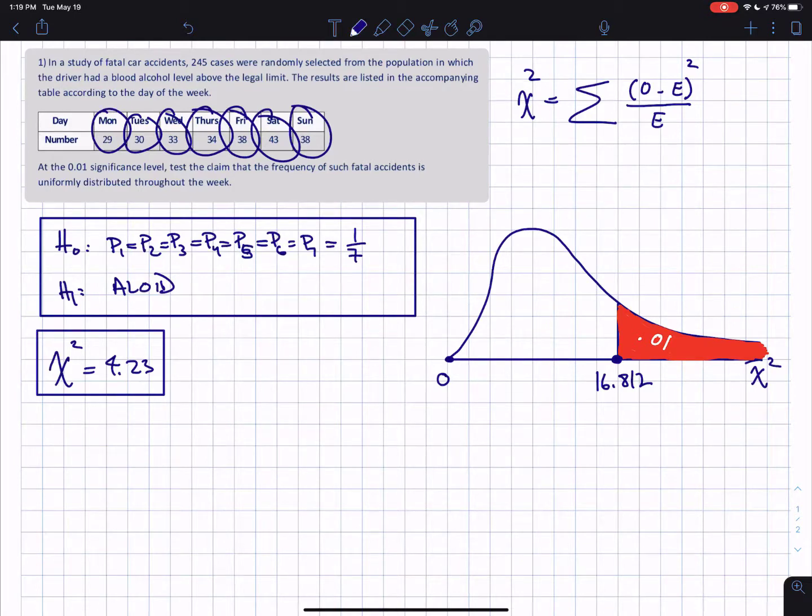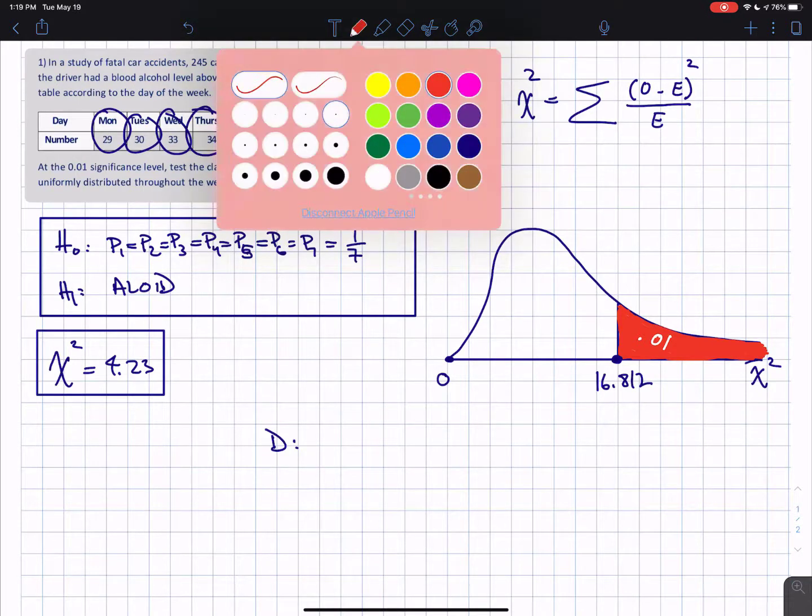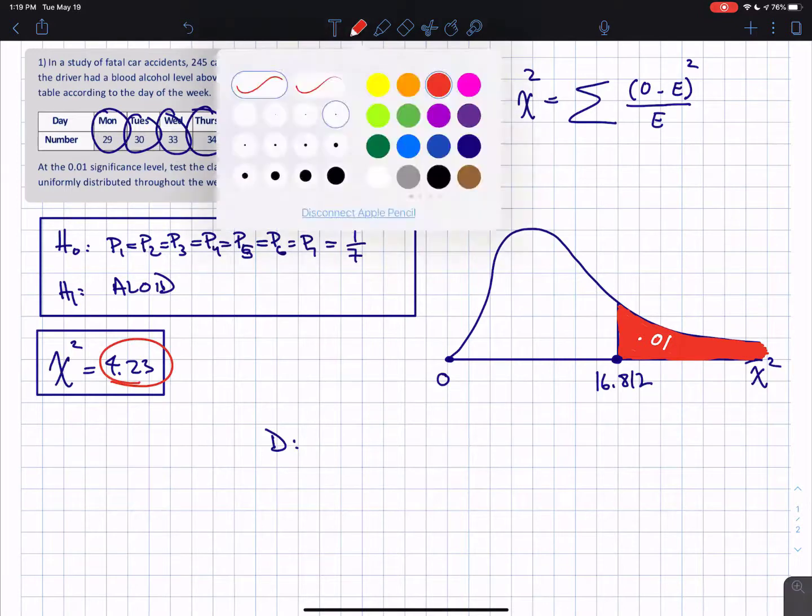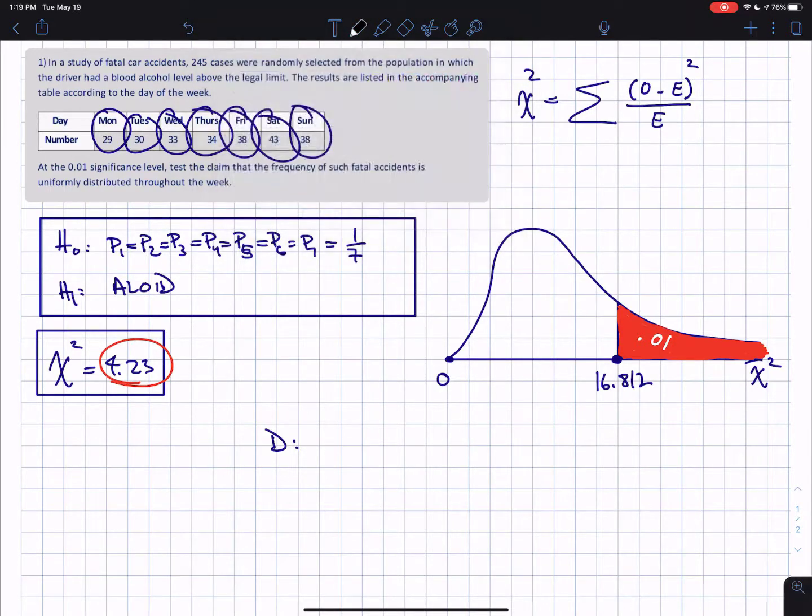And now, just like before, the last step is decision. You look at the test statistic. Your test statistic here falls outside of the rejection region. So of course, if this is 0 and this is 16, then obviously 4 is somewhere there. So it falls outside of the rejection region, sometimes called the acceptance region.